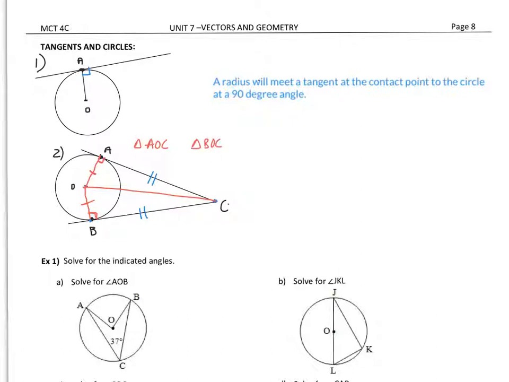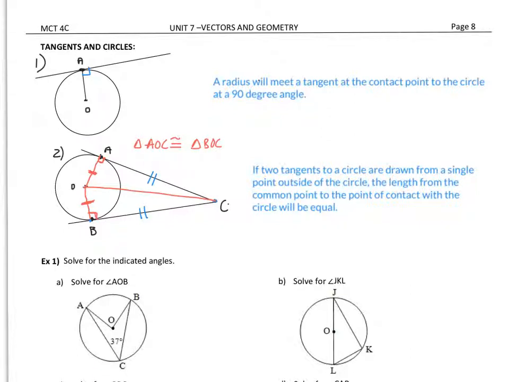Those are both right angle triangles. They share the hypotenuse and they have a second side equal to each other. So by the Pythagorean theorem, that third side would have to be equal as well. So these two triangles are congruent to each other, and it means that those two side lengths, AC and BC, will be equivalent.